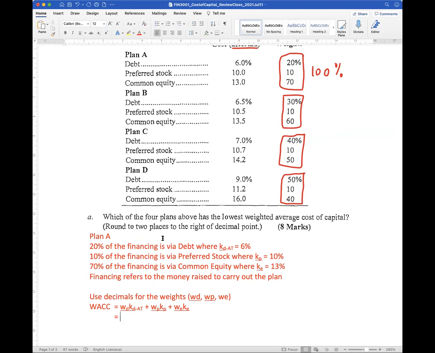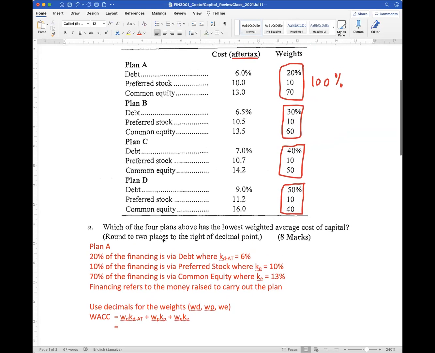What's the weight of debt for plan A? 20%, right, so we're going to put 0.2 times the rate. The after-tax rate is 6%. Plus, move on to preferred stock. The weight for preferred stock.